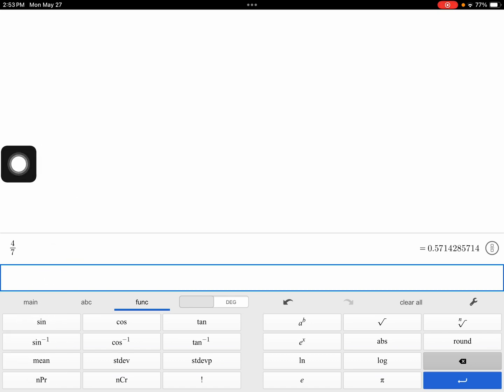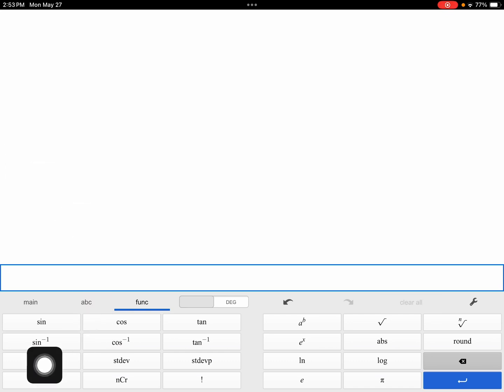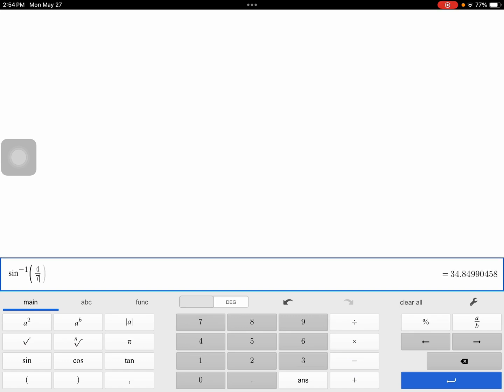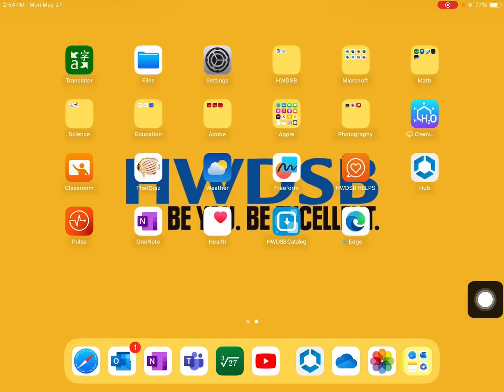On other calculators, you take the inverse sine button and then in brackets type in 4 divided by 7, and that will calculate the angle for you. We're going to round to the nearest whole number, so 34.8 rounds to 35 degrees.